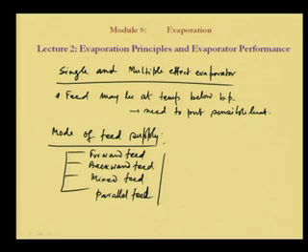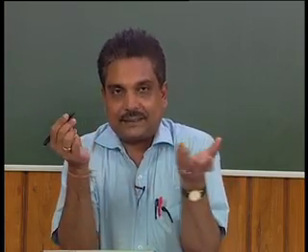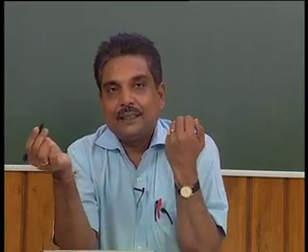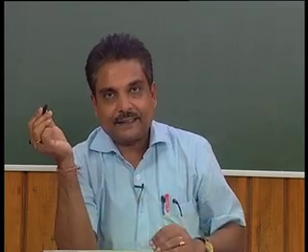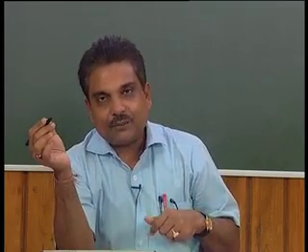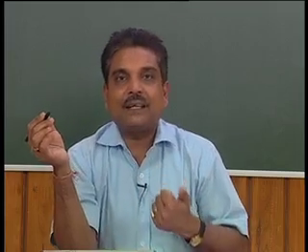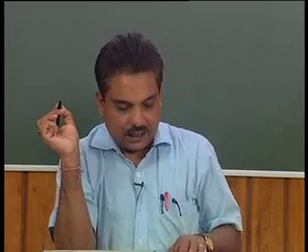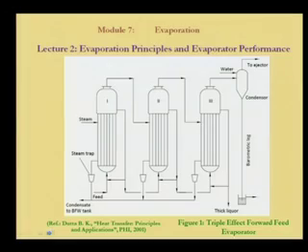These are the 4 different types of feeding arrangements possible. Usually, in place of a single effect, there can be 2 effects, 3 effects, or more than 3 effects. What we have discussed is that with the help of 3 effects, we try to show what is forward feed, backward feed, mixed feed and parallel feed, what the situation is, the positive and negative points, and the advantages and disadvantages one would get.